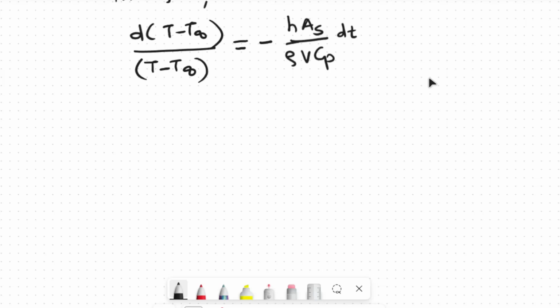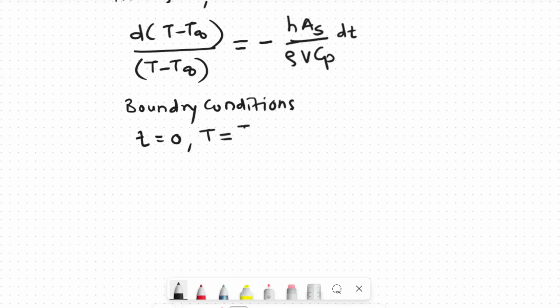Now, if we integrate this relation, we know the boundary conditions, which are very simple. When time t is equal to 0, the temperature of the body will be the initial temperature.